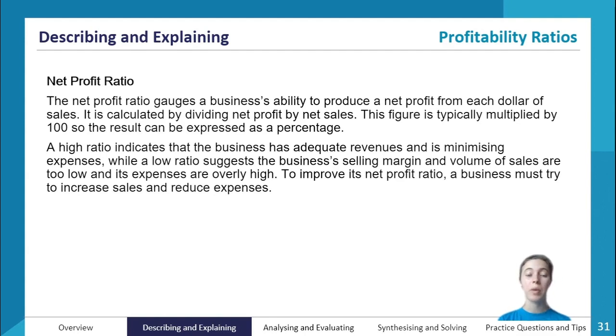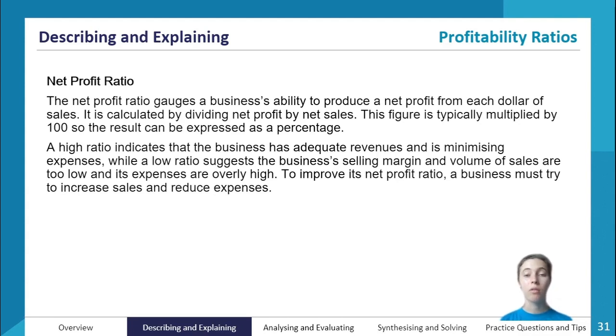For example, maybe the business needs to do some kind of marketing campaign or advertising campaign to generate those further sales. And to reduce expenses, perhaps you could suggest that the business seeks different suppliers that are more affordable, or it chooses different providers for different things.